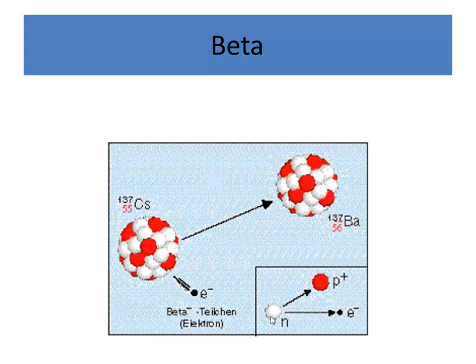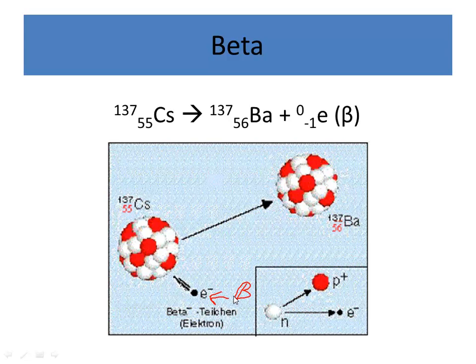So a neutron in the nucleus breaks up into a proton and shoots off the electron. This is the beta particle, that electron shot off with a lot of energy. An equation for this would be cesium-137 giving off that particle.